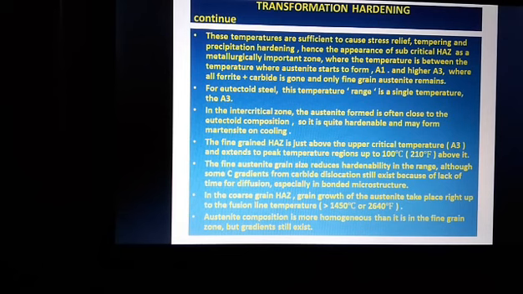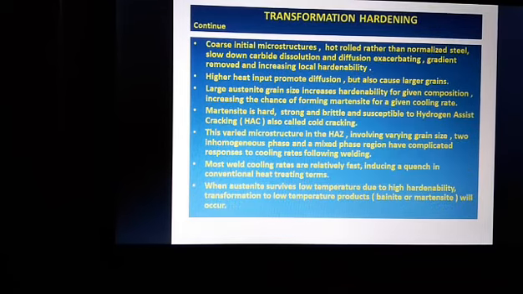Austenite composition is more homogeneous than it is in the fine grain zone, but gradients still exist. A coarse initial microstructure, such as hot rolled rather than normalized steel, slows down carbide dissolution and diffusion.